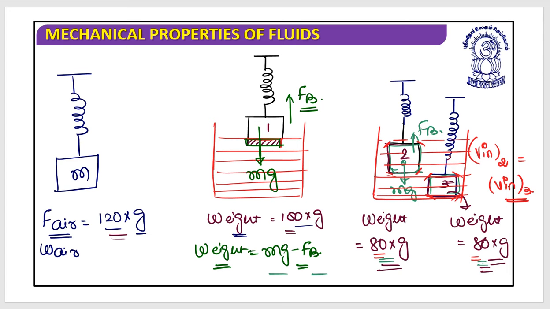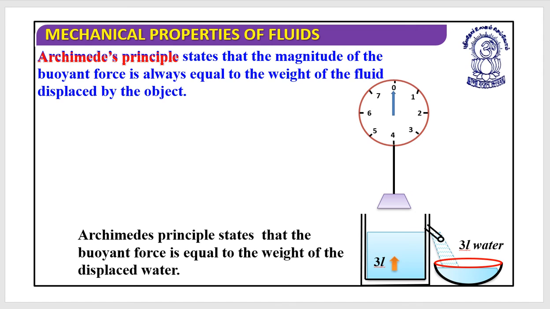Now one more thing. According to Archimedes principle, he states that the magnitude of the buoyant force is always equal to the weight of the fluid that is displaced by an object.